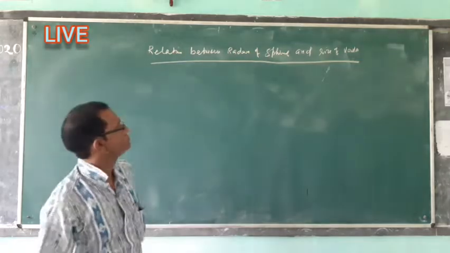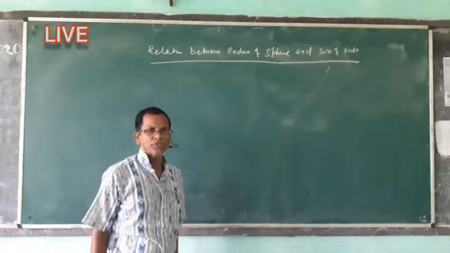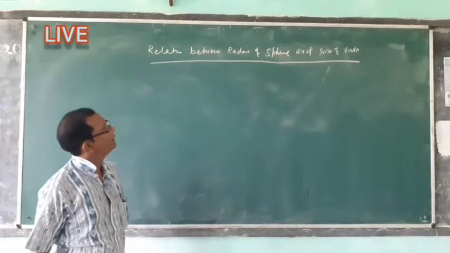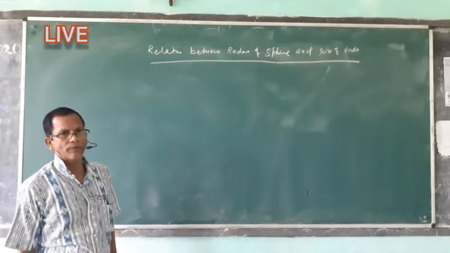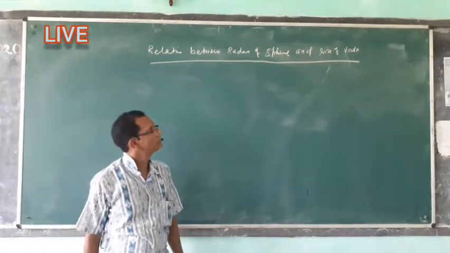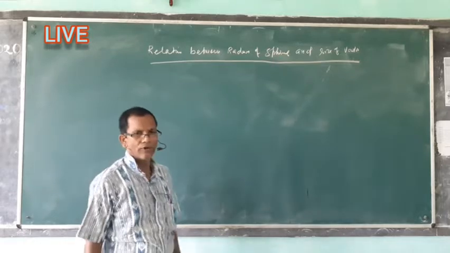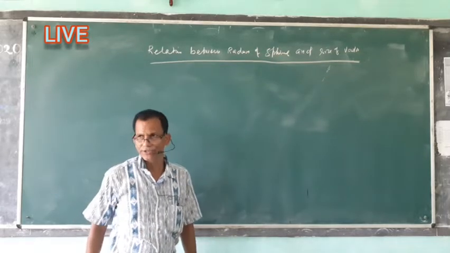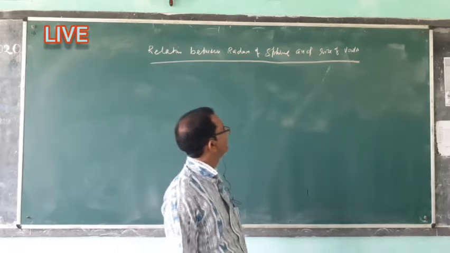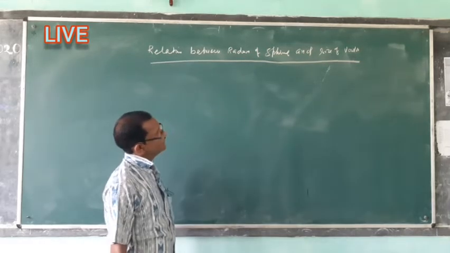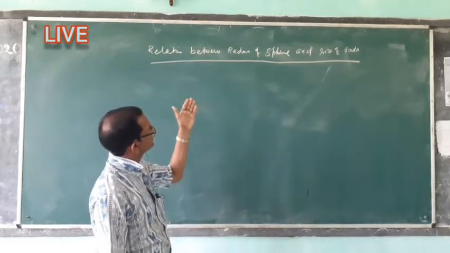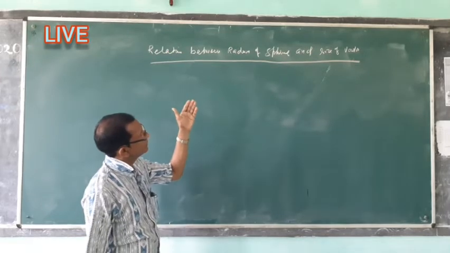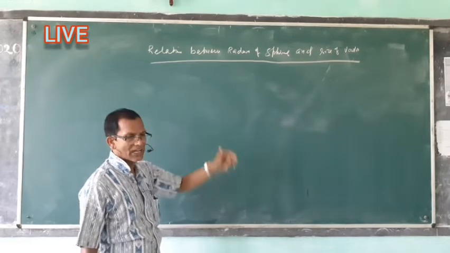We know that during close packing, two types of voids are formed: tetrahedral voids and octahedral voids. So the relation between the radius of the sphere and the size of voids.